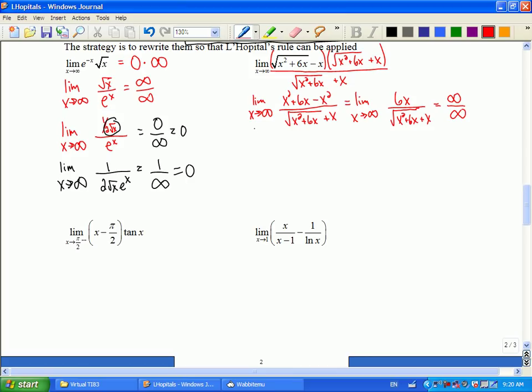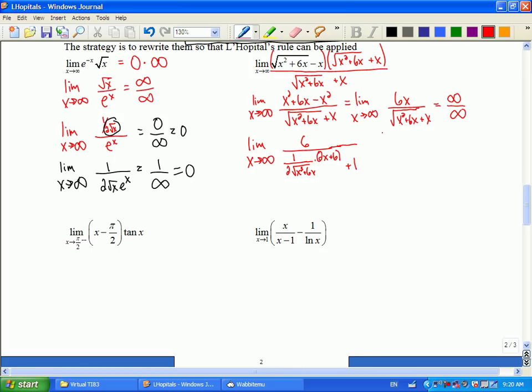So at this point, I'm able to use L'Hopital's rule. The limit as x goes to infinity of 6 over 1 over 2 root x squared plus 6x, and I'm going to be multiplying it by 2x plus 6 for the chain rule, plus 1.